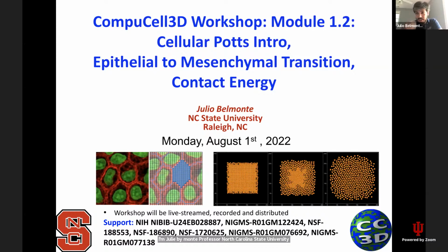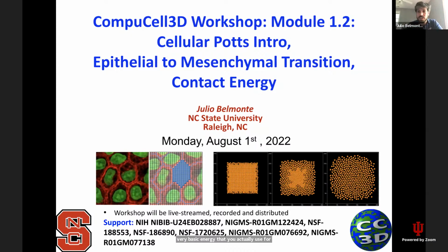And today, in this module 1.2, we're going to go over a little bit of how the cellular Potts model works, how exactly we are simulating those cells. Then we'll play with contact energies, which is the very basic energy that you actually use in our simulation.